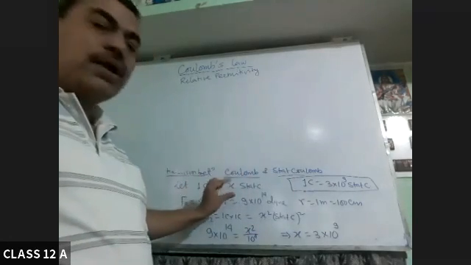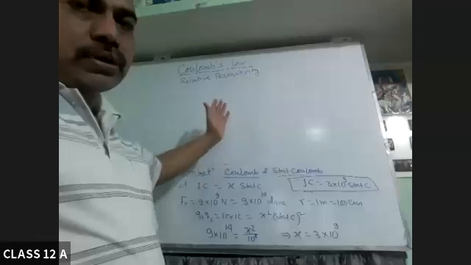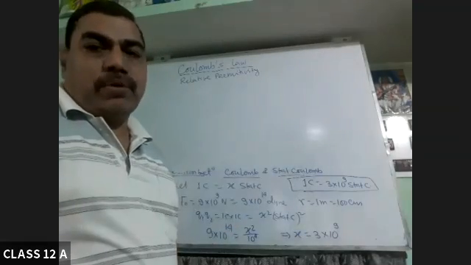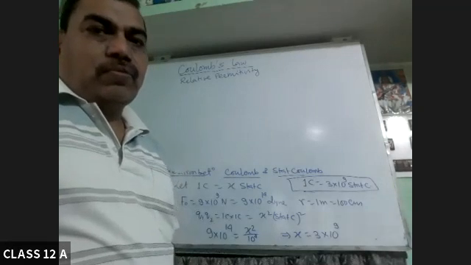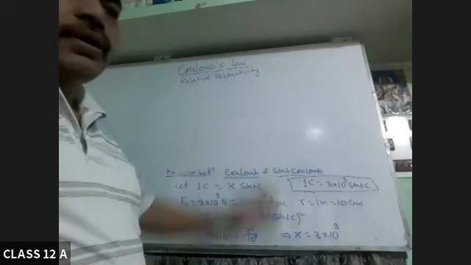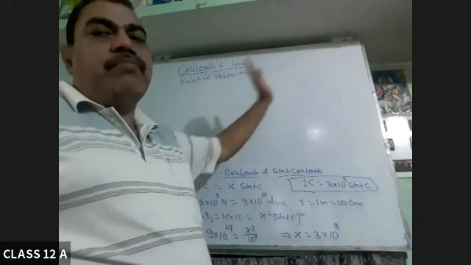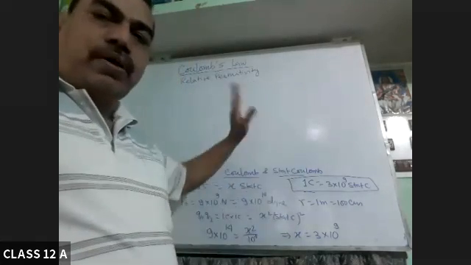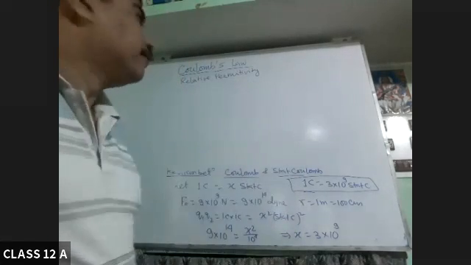Only the constant will change. Here the constant is 1 by 4 pi epsilon naught, and there the constant will be mu naught over 4 pi, where mu naught we call permeability. Here it is permittivity, and in the magnet chapter it will come as permeability. The derivations and all the terms will be similar.